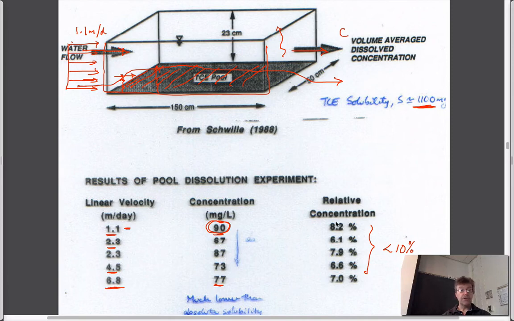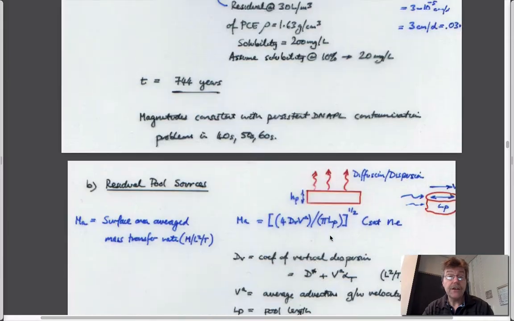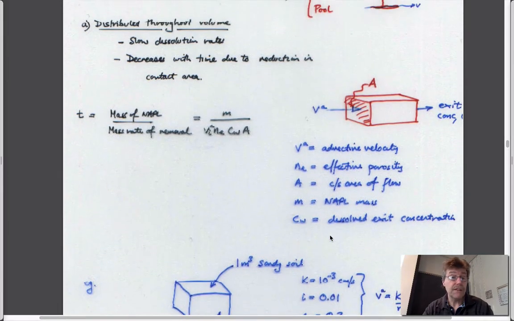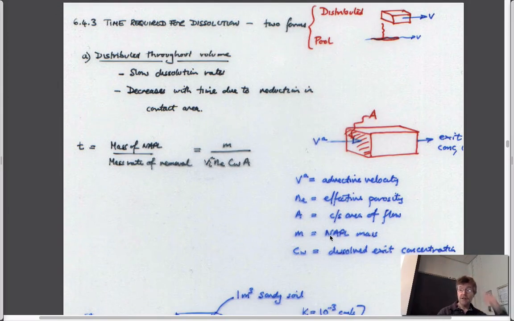And so if we want to do realistic calculations for how long it would take to deplete this NAPL-filled region, then we have to have realistic magnitudes of the concentrations as a proportion of the maximum concentration that we expect to get out of it. And in the calculation we did before, actually we did it on the board, I thought, for one of the assignments, we could say that we have a certain mass of contaminant in place.